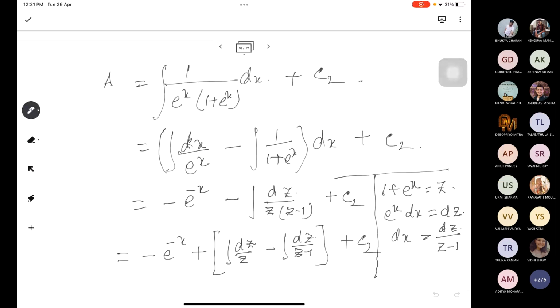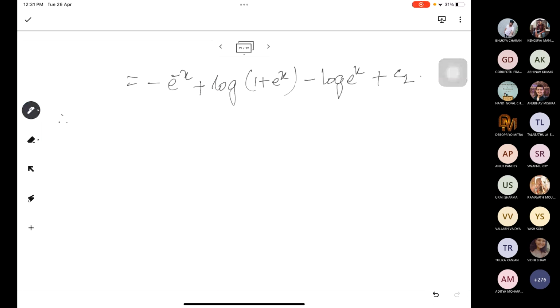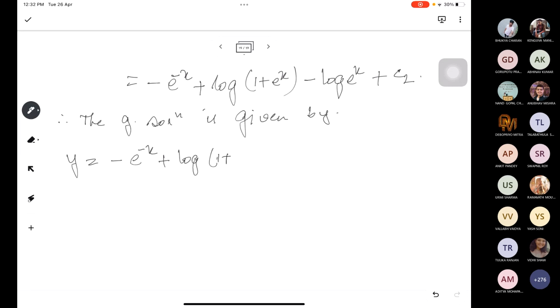So our general solution is given by y is equal to a u plus b v.